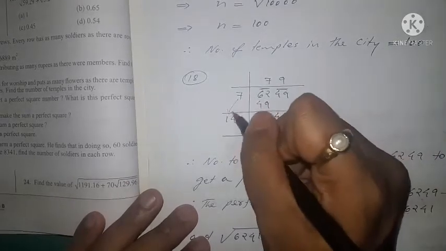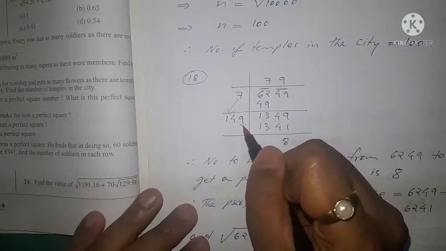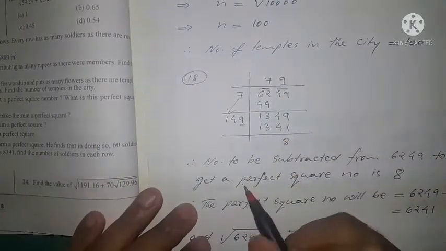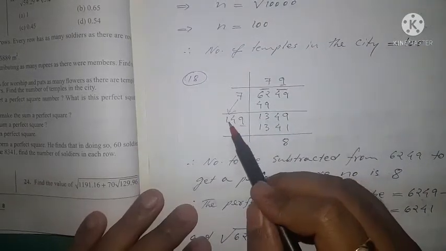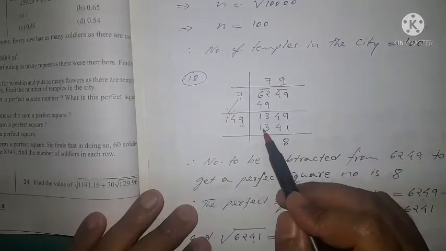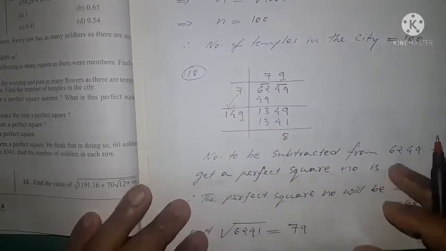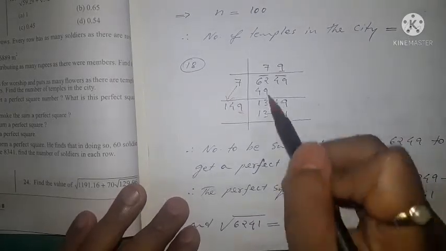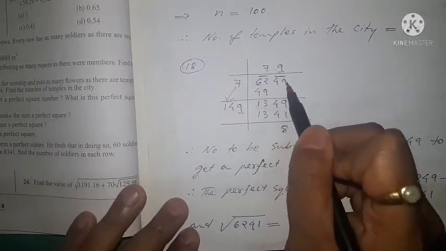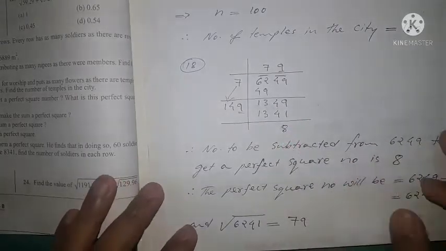Now this 7 is doubled and it becomes 14. Whatever number we put here, the same number we need to multiply with. If we multiply by 9, that is 149 into 9, it gives 1341. Therefore the remainder is 8. If we subtract this 8 from 6249, it will become a perfect square, because this 8 is coming extra.